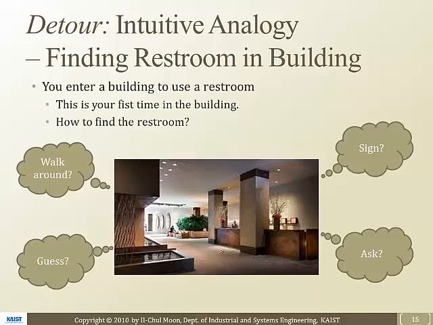You guess that the restroom is near the elevator shaft or the stairwell. That's the usual place where architects put the restrooms, so that you don't have to pee on your pants and you don't have to ask. You can just go to the usual suspected place to find the restroom, right?